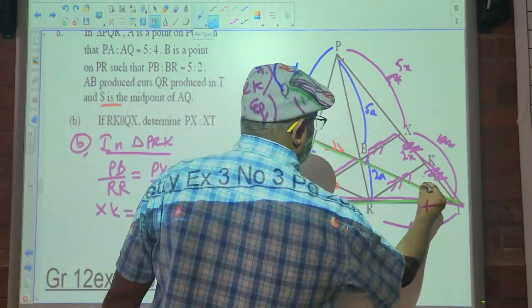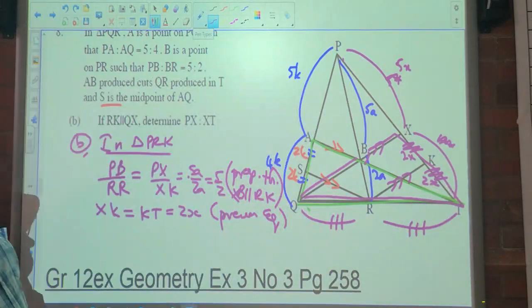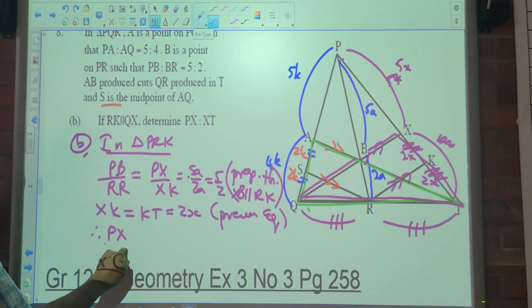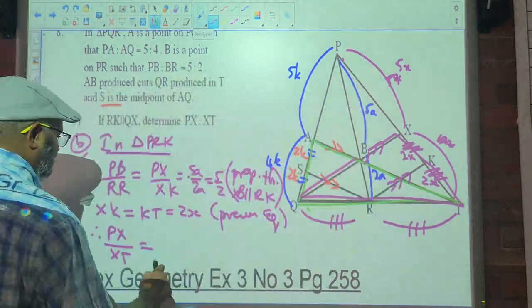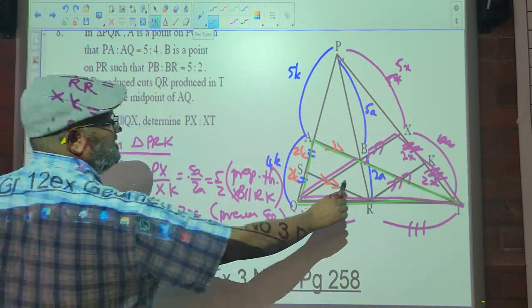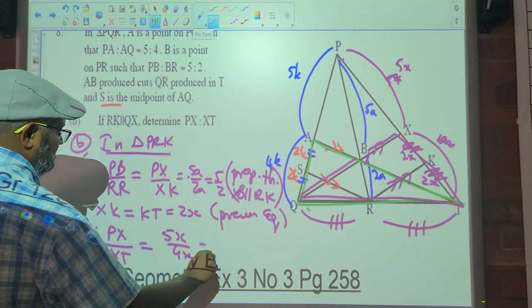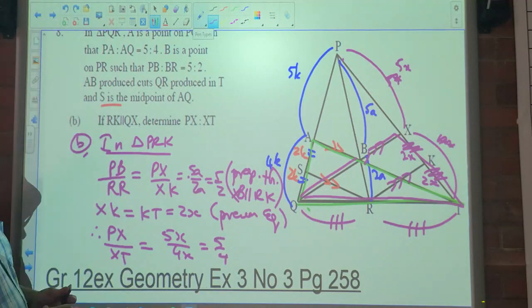So now we can do what they asked us. Therefore, PX over XT is going to be 5x over 2x plus 2x, which is 4x. We're getting the answer 5 over 4.